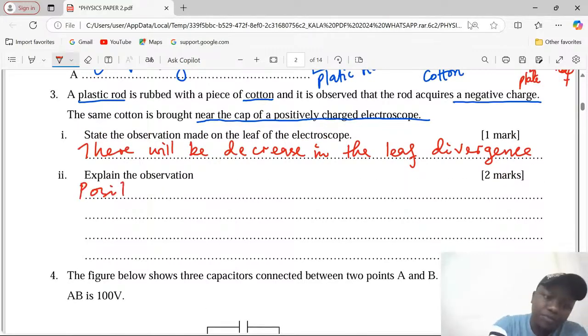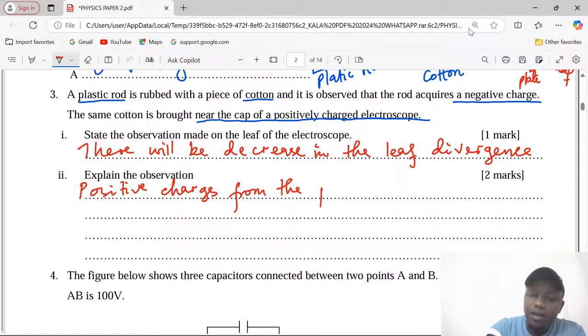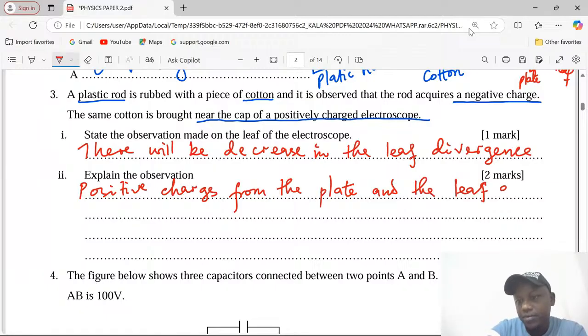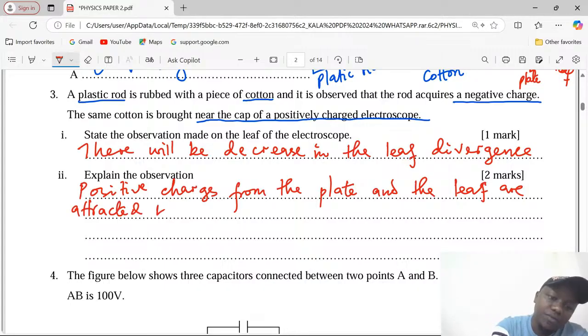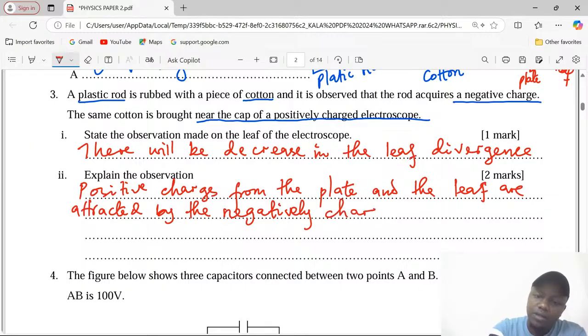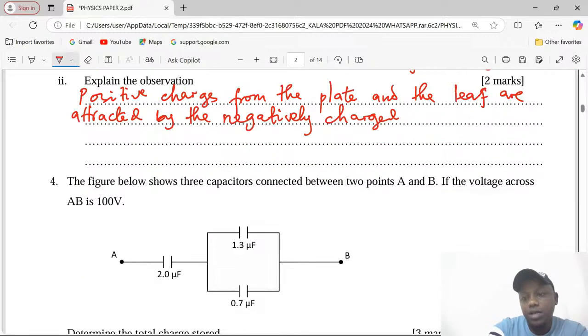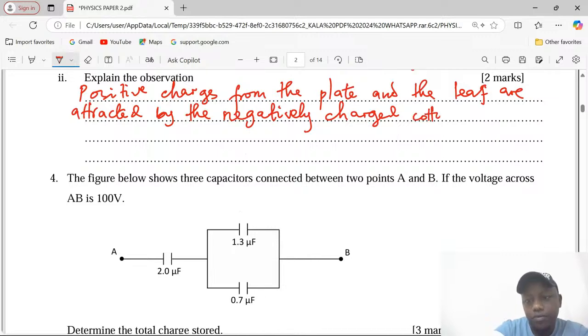Positive charges from the metal plate and the leaf are attracted by the negatively charged cotton, reducing the repulsion.